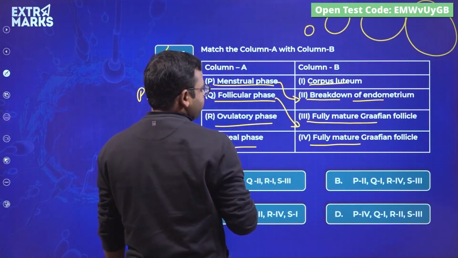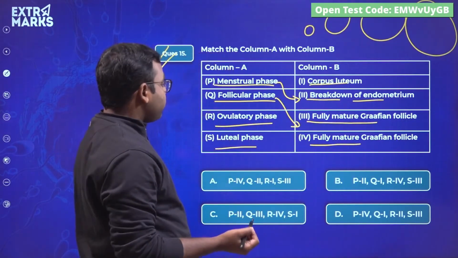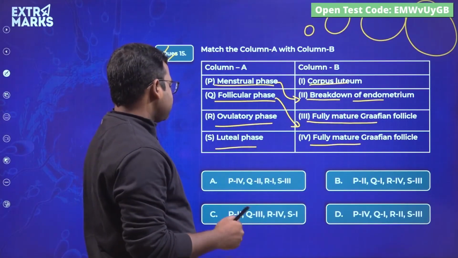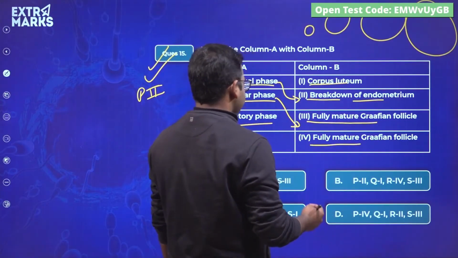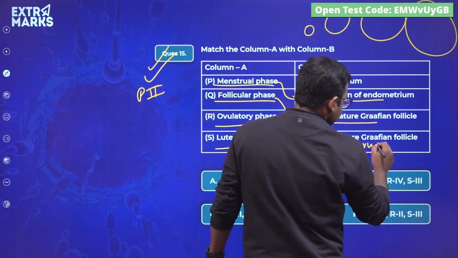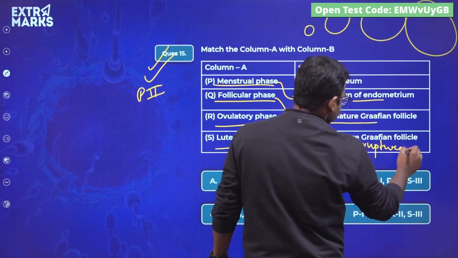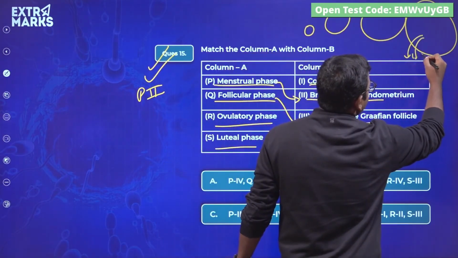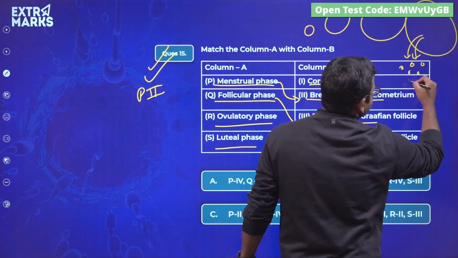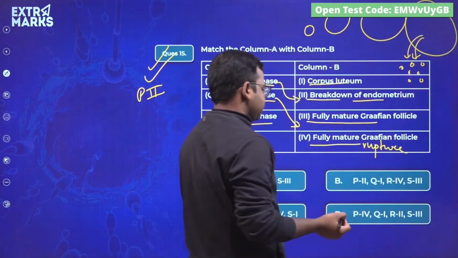Then the ovulatory phase, what is going to happen? In the ovulatory phase the fully mature Graafian follicle is going to rupture, it is going to break down, and then the secondary oocyte is released out. This process is ovulation, right?